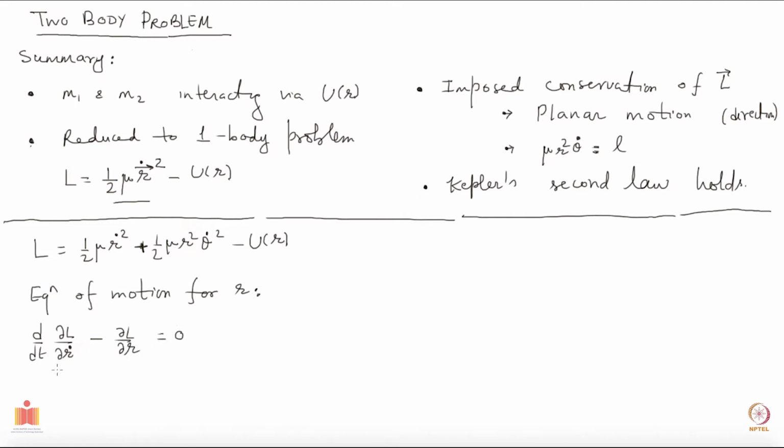If you calculate these, you will find the following. Del L over del r dot gives you mu r dot. It gives a factor of 2 which cancels here. When you take d over dt, it gives you mu r double dot.